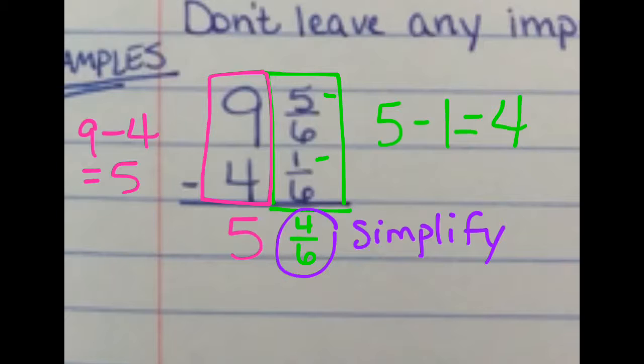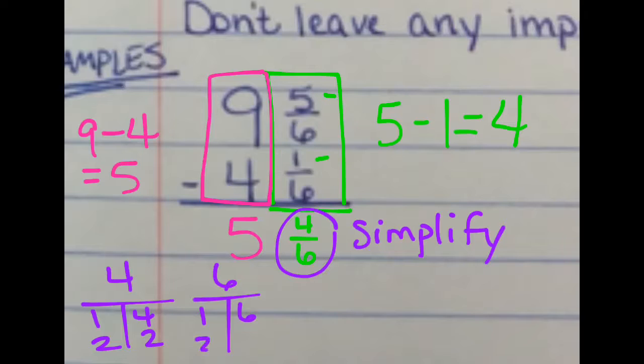Remember, both of those are even numbers, and an even number is always going to have 2 as a common factor.